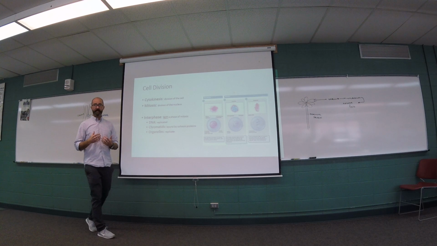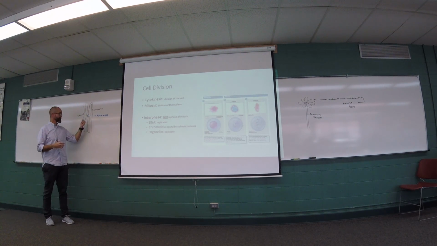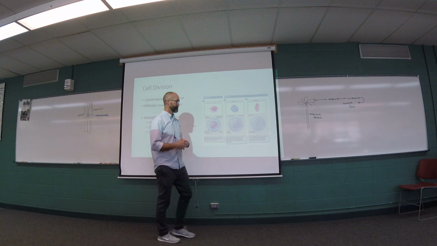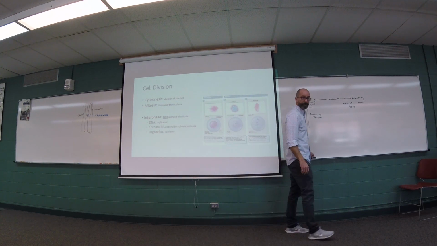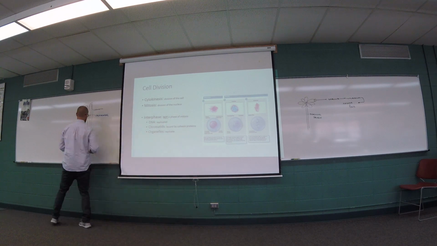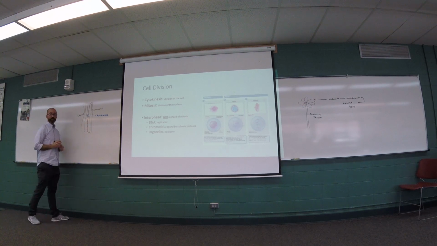So when the cohesins are attached to both sister chromatids, it's like they're zipped together. And that begins occurring in interphase as well. Wait, so where is that at on there? The cohesins? Yeah. So cohesins would be like a little zipper or stitches here holding these two chromatids together.